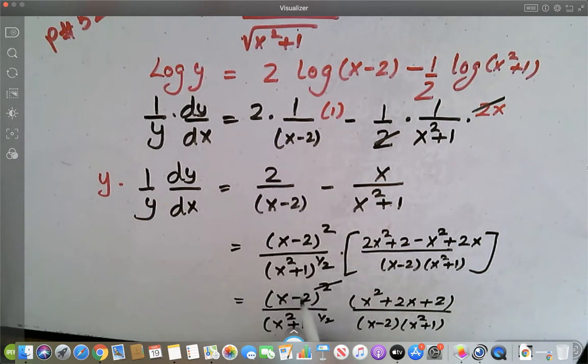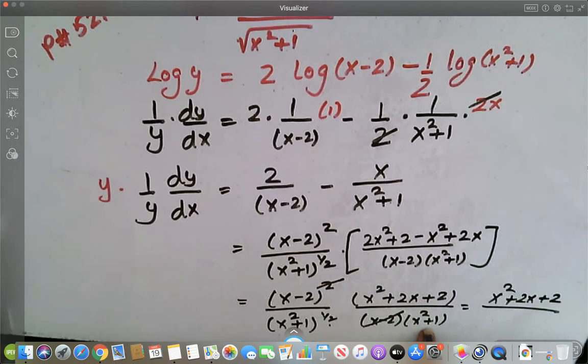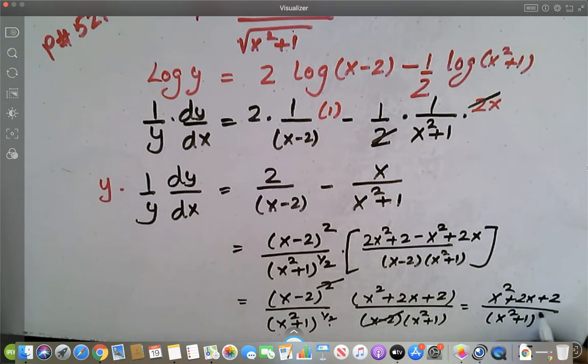So one of these is going to get canceled out with this. And finally, let's put it together. So I have x squared plus 2x plus 2 over, okay, I have 1/2 of this here, and then 1 whole in the second fraction here. So in total, if I combine these, it becomes x squared plus 1 to 3/2. There you go. So that's my final answer.